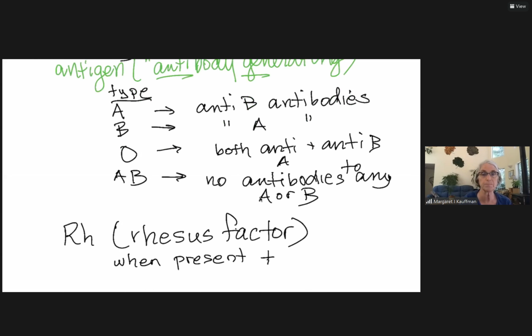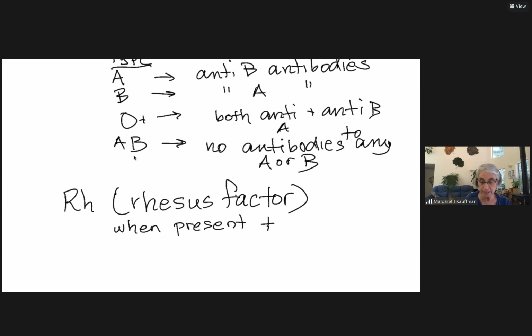So the vast majority of people are Rh positive. And that's why I said in a pinch, if you don't even know the Rh, you can give O blood, packed red blood cells, to anybody. Let's say this person is Rh positive and you're giving it to someone who is Rh negative. That could be a problem. But what it takes is, in order for the person to make antibodies against that Rh factor, they have to be exposed to it previously. So let's start here.